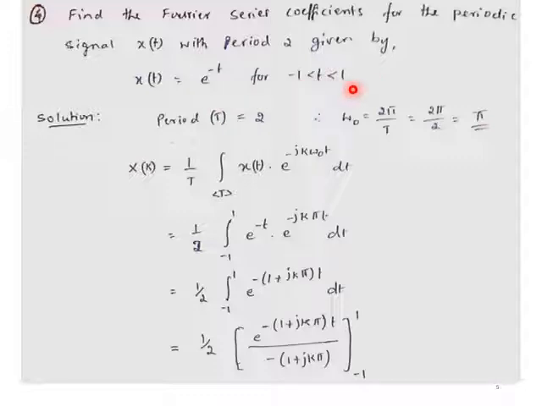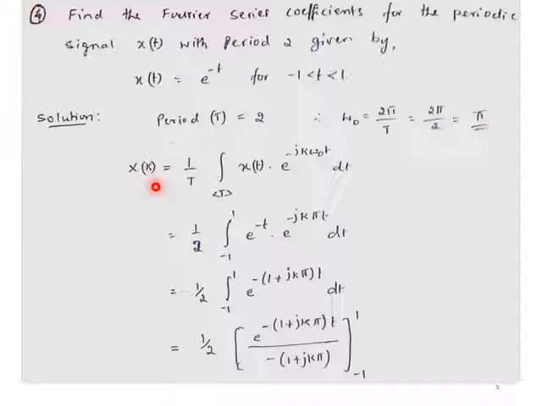It is periodic, so this is one particular set where the value exists, and the remaining continues like this: e to the power minus t from minus 1 to 1, then 1 to 3, again e to the power minus t. It is one graph, repeating with the period of 2. So x of k can be identified directly from the equation.